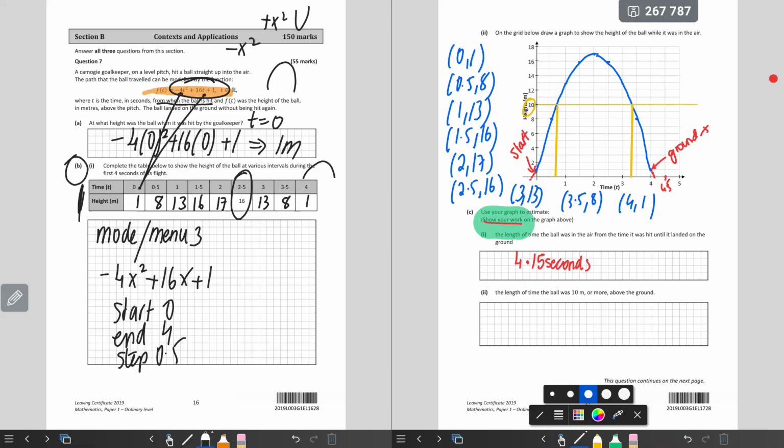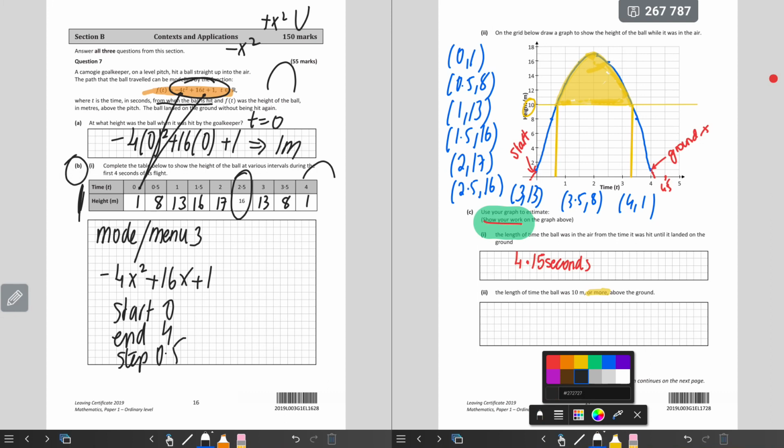Now technically it says the length of time it was 10 metres above the ground. So 10 metres or more. Isn't it 10 metres or more above the ground? All of that, through all that region there. So when did it start being 10 metres above the ground? After how many seconds, roughly, looking at your curve?